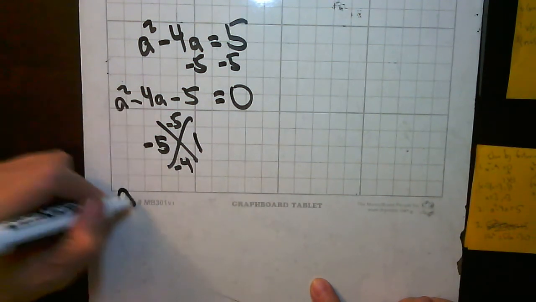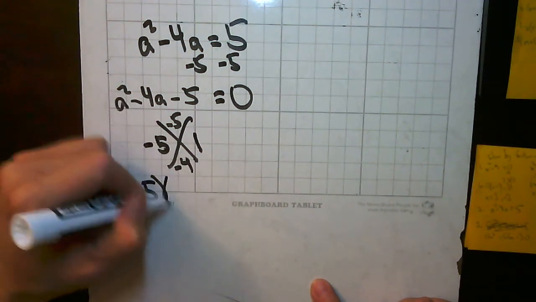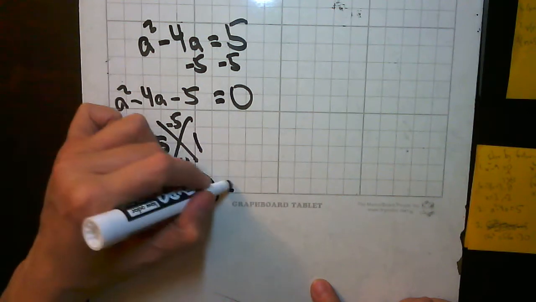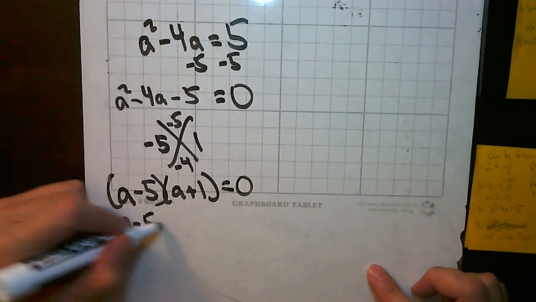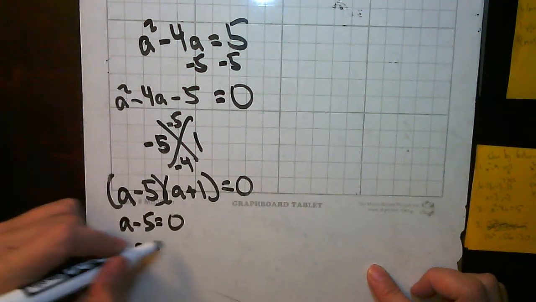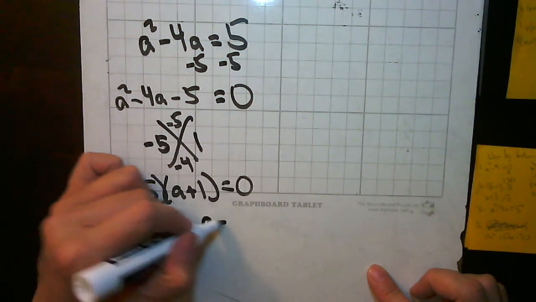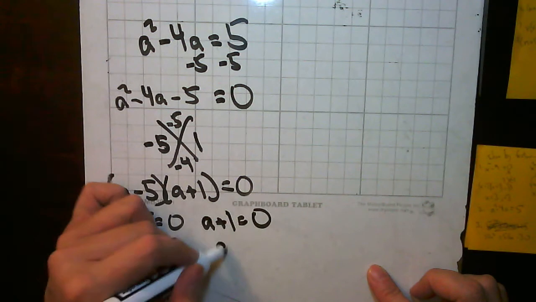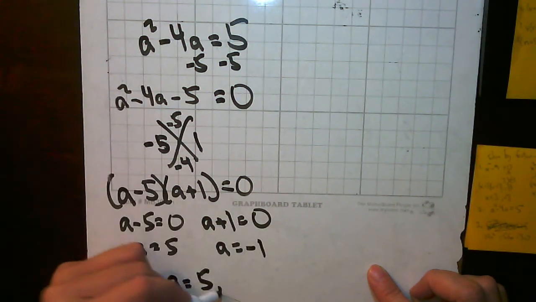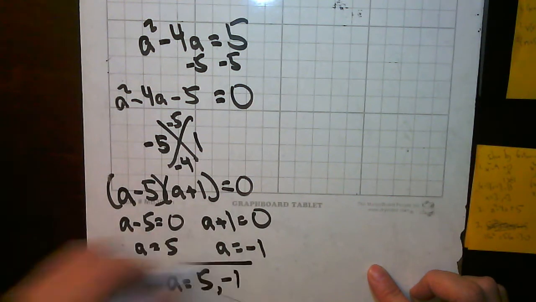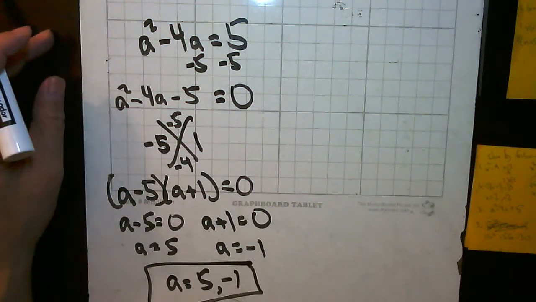So my factors are a minus 5, a plus 1. A minus 5, we use the 0 property, equals 0. a equals 5. a plus 1 equals 0. So you're going to get a equals negative 1. So a equals 5 and negative 1. So these are your two answers here.